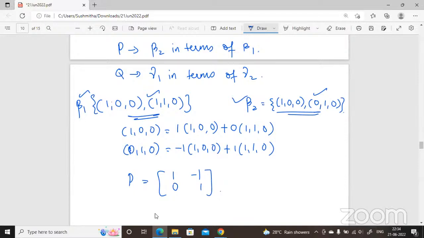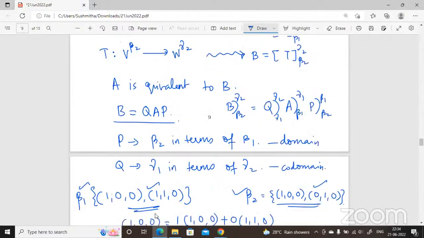Similarly for Q: P is domain, Q is codomain. You should also note that the order is reversed. Like you remember this. I didn't remember whether it was beta 2 in terms of beta 1 or beta 1 in terms of beta 2. When I wrote this down, I knew what is in terms of what.